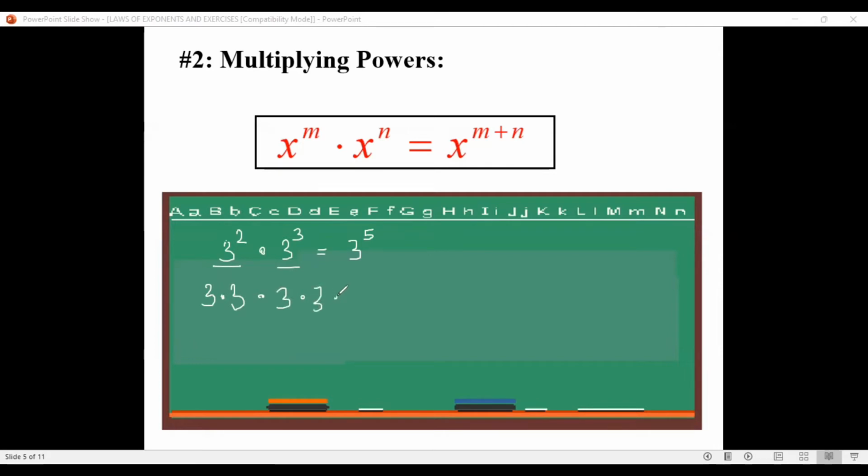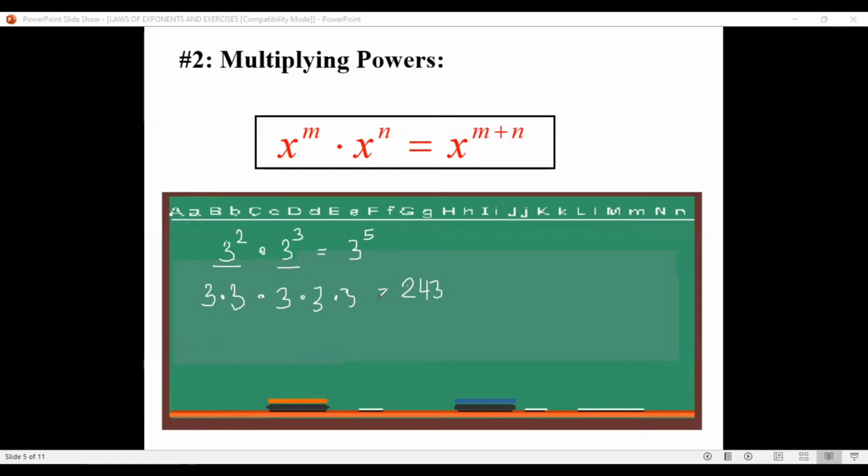So if you are going to count 3 multiplied 5 times, that is now equivalent to 3 raised to the 5th power. And if you want to find the expansion, the answer that we are getting is 243.